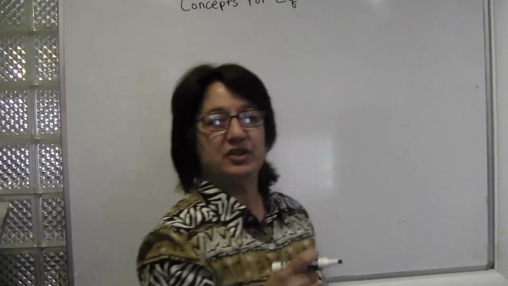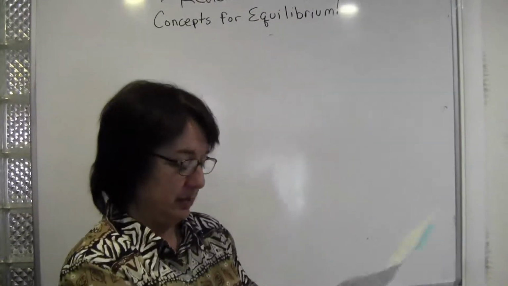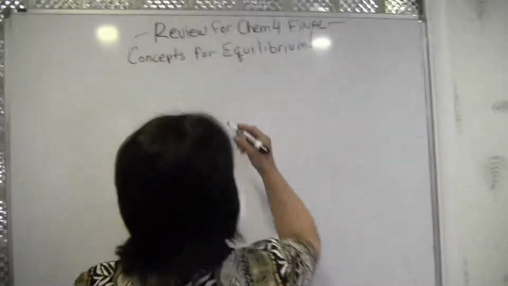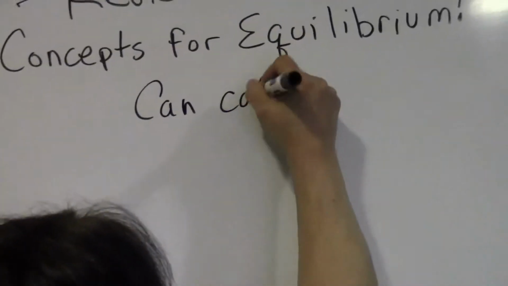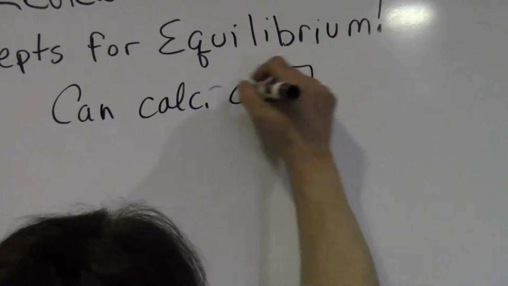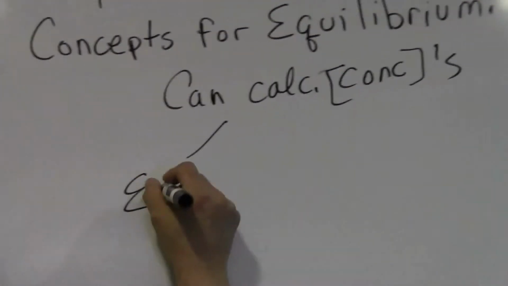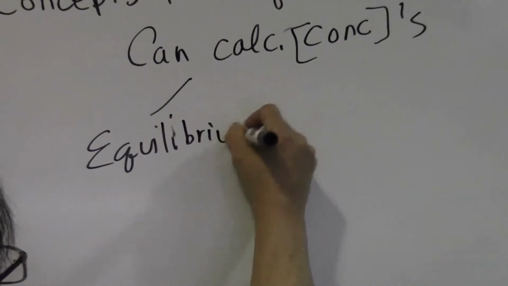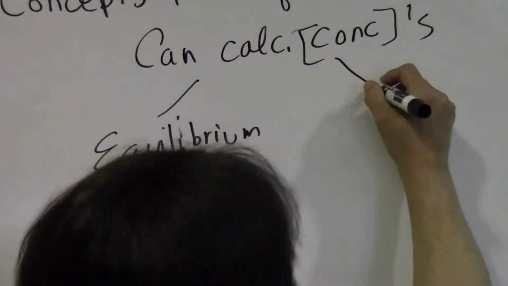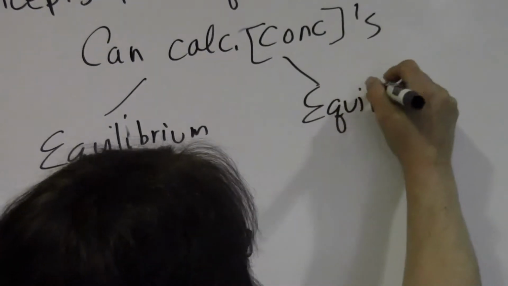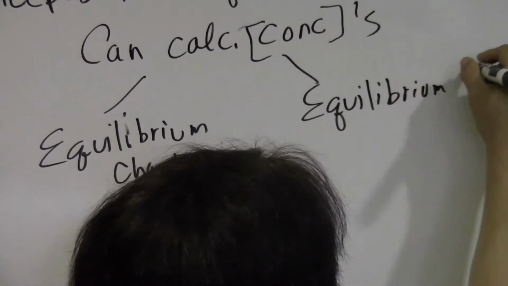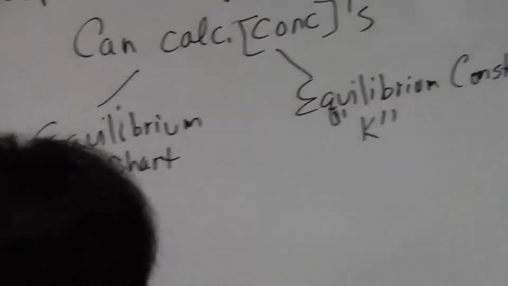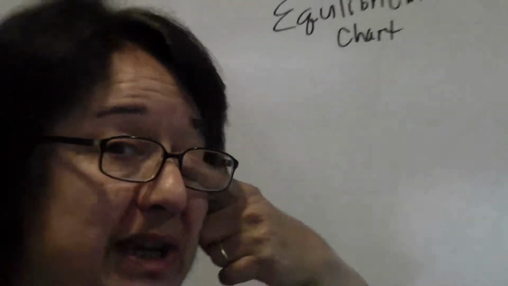We can calculate the concentrations of all the compounds at equilibrium if we have two things: an equilibrium chart and the value of the equilibrium constant, K. So let's look at an example.